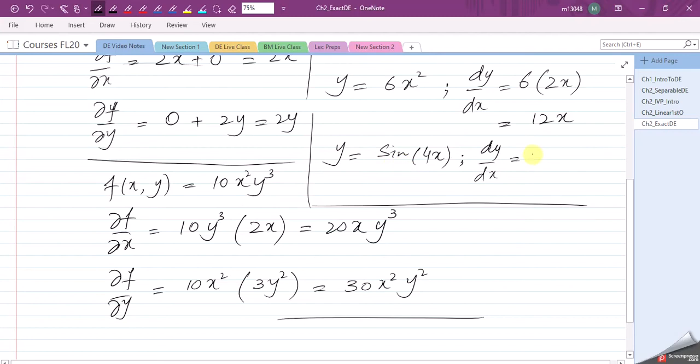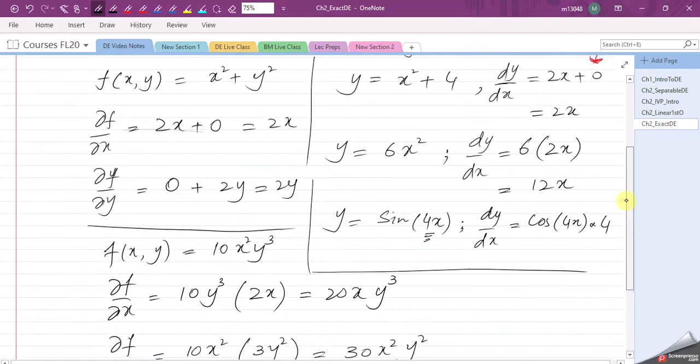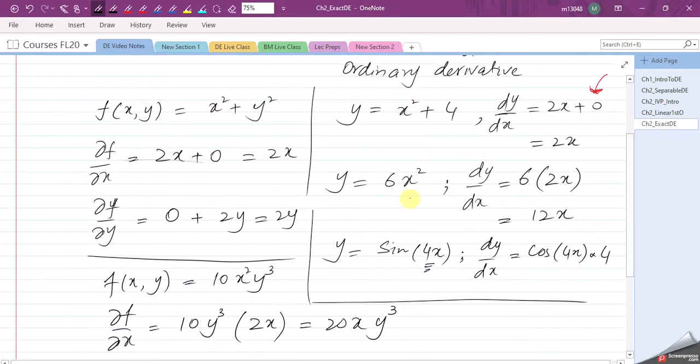First sine becomes cosine, and then derivative of 4x. What is derivative of 4x? It is 4. Derivative of x is 1. Again, the rule is same, because 4 is a multiplied constant. So 4 multiply 1 and we get 4. So the answer is 4 cosine 4x.